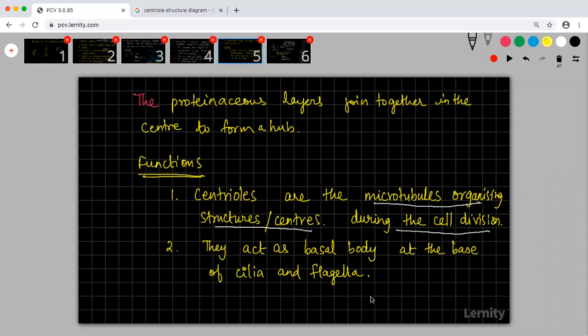Okay, now there is a question for you here. Plant cells do not contain centrioles. Then how do they divide? If centriole plays a major role in cell division, how will they divide?